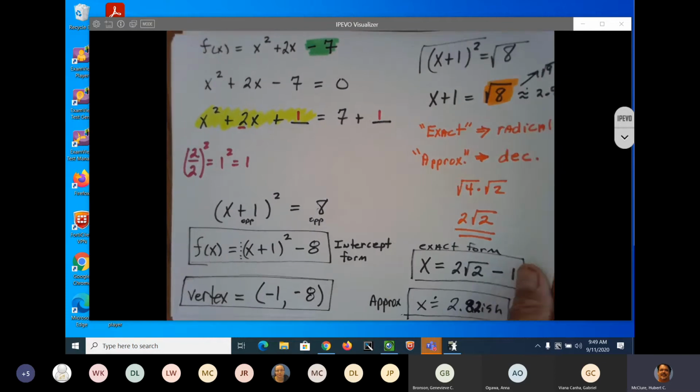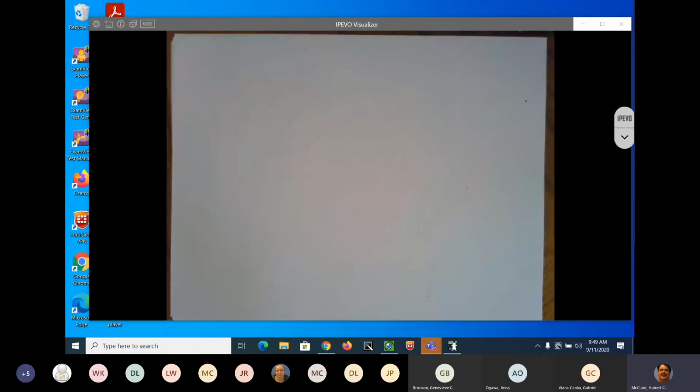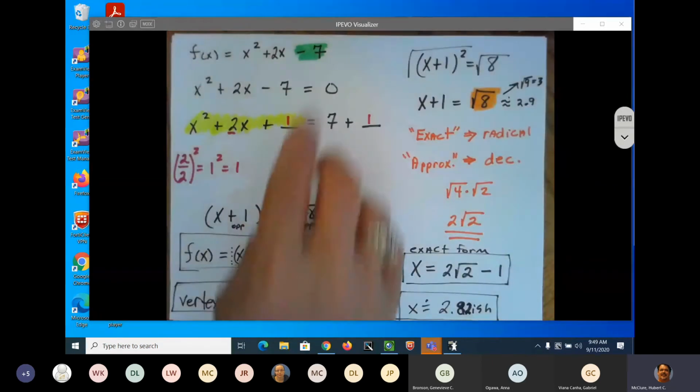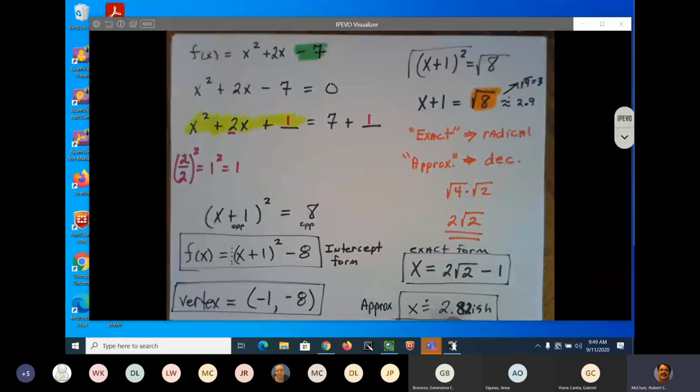I'll give y'all a minute to graph this function using the y-intercept, the x-intercepts, and that's going to be negative 2.82 minus 1 and positive 2.82 minus 1.